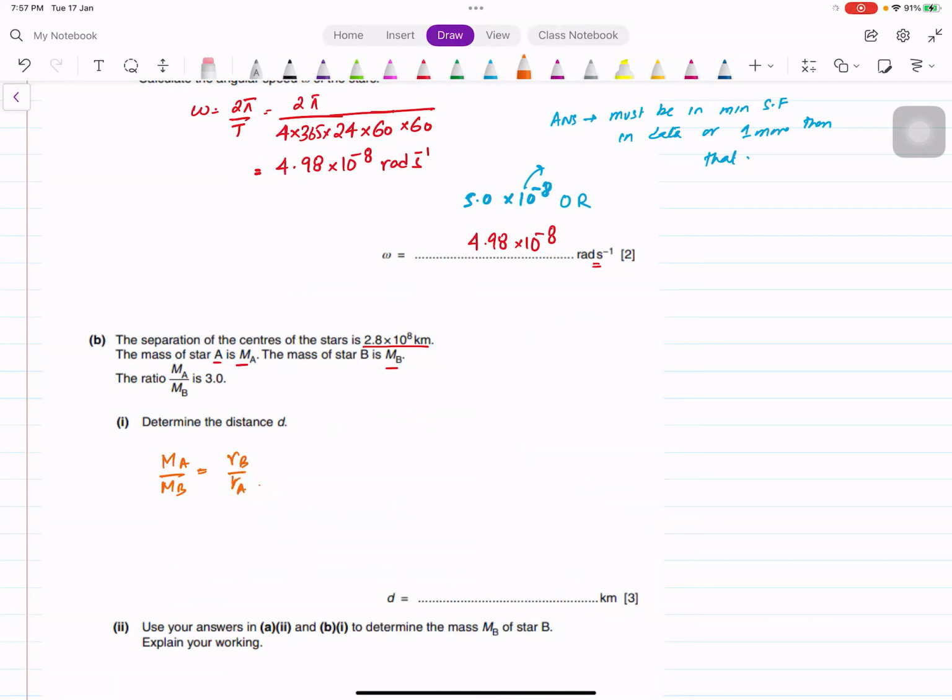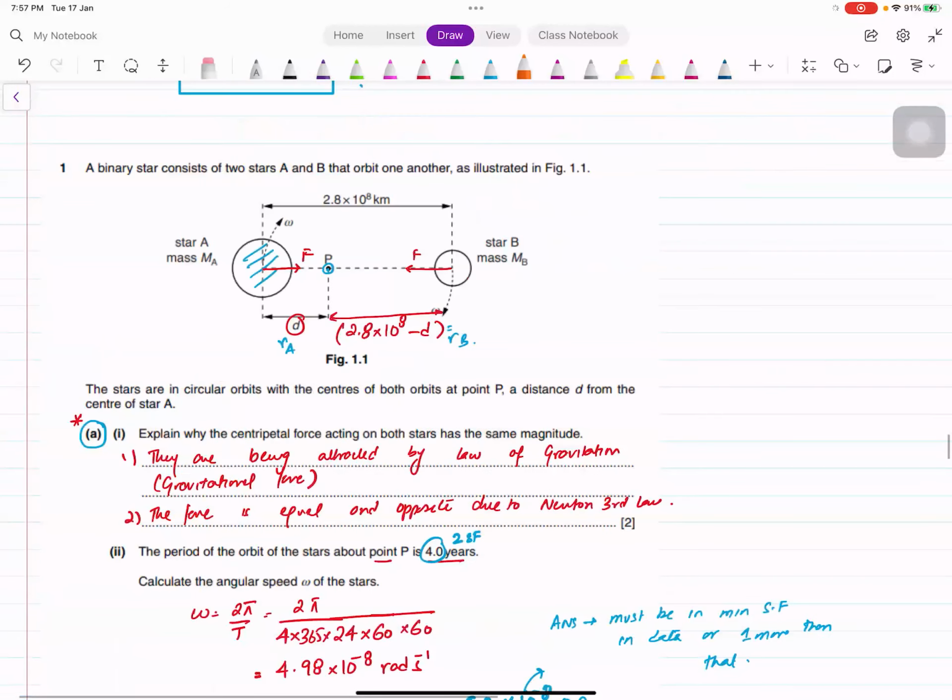Can I say this, please? It would be very difficult for you if you do not remember this point. That's why I put 2 stars on it. Now, this whole thing is 3. RB was basically 2.8 times 10 raised to 8 minus D, and RA was just D. You can go back and check. Is it clear, everyone?